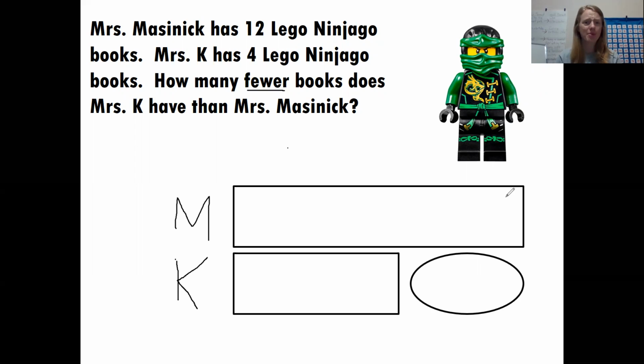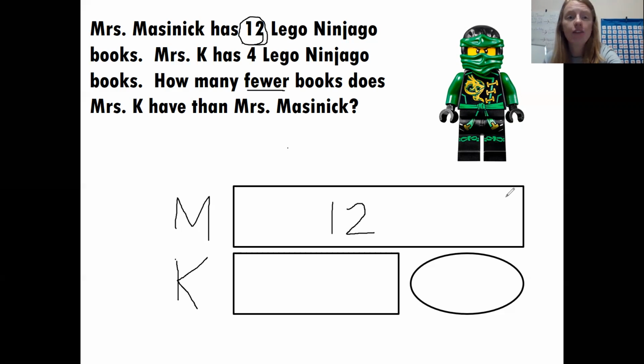Do we know how many Lego Ninjago books Miss Masonic has? Yes, we know that she has 12. So I could put 12 circles here in Miss Masonic's box. But we learned that we can just write the number, and that's going to be a lot faster than drawing our circles, right? So I'm going to put 12 right here. Do we know how many Lego Ninjago books I have?